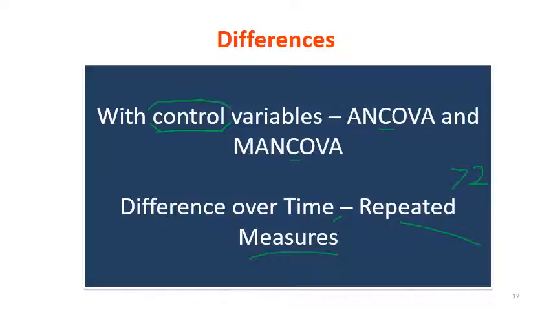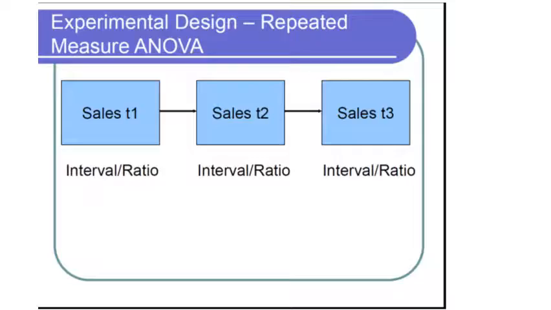So we just want to see if there's a difference over time in these sales. For example, repeated measures: sales at time 1, sales at time 2, and sales at time 3. So this could be pre, this could be during, this could be post. So in the same branch, we want to see if there was a difference in sales across these time intervals. And that's repeated measures ANOVA.